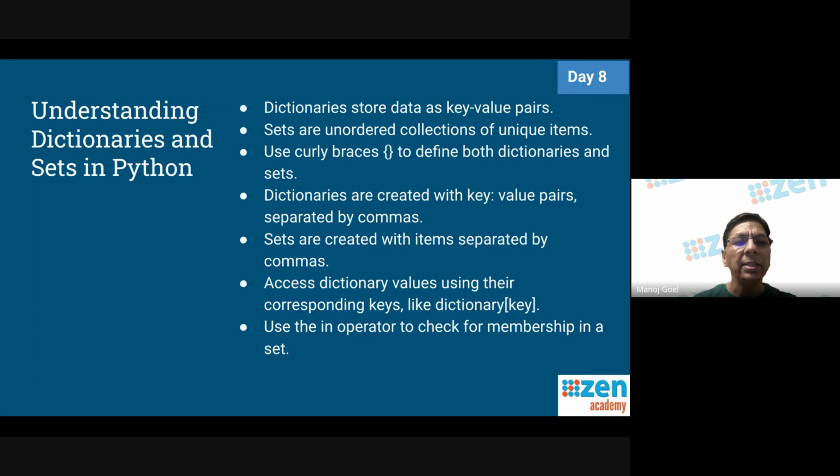Let's say name as John, comma, age, colon, 50, city, colon, New York. So this is a dictionary. Why is it a dictionary?